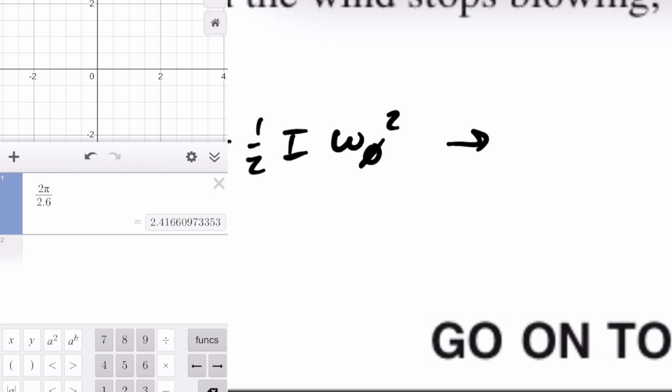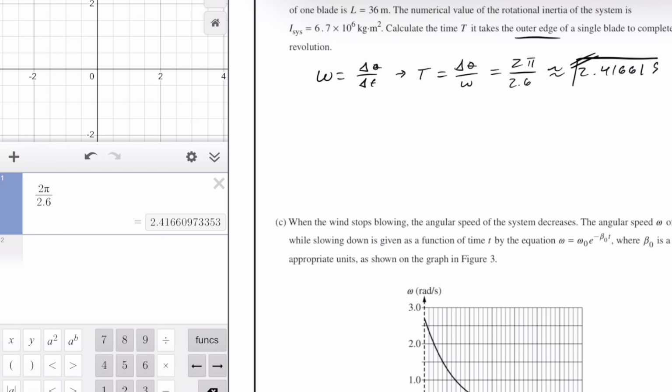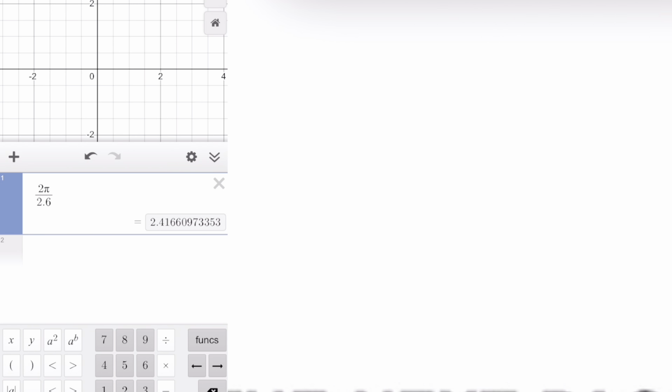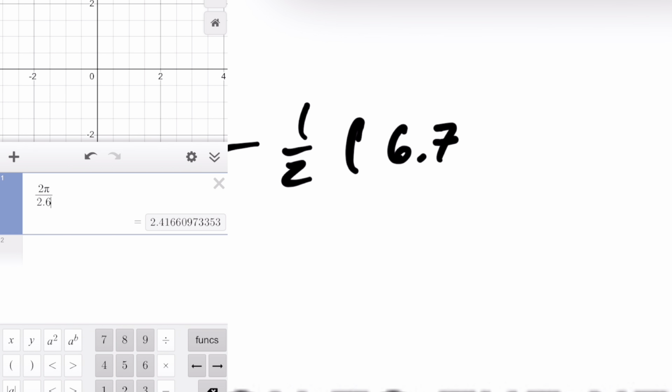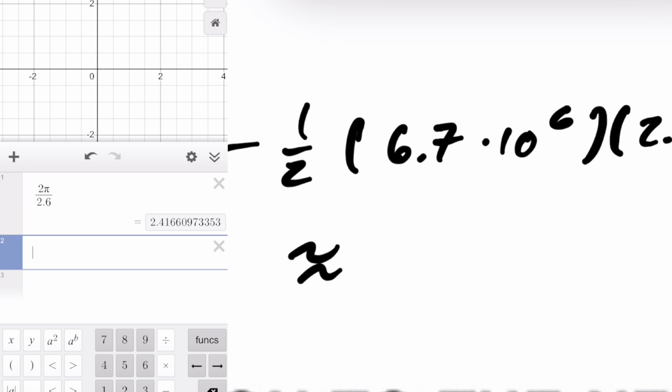So let's do negative 1/2, and the rotational inertia was 6.7 times 10 to the 6th, times 2.6 squared, which is roughly equal to, let's put it in our calculator. And I love Desmos.